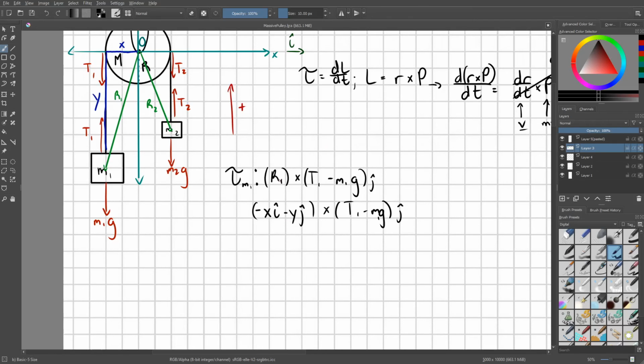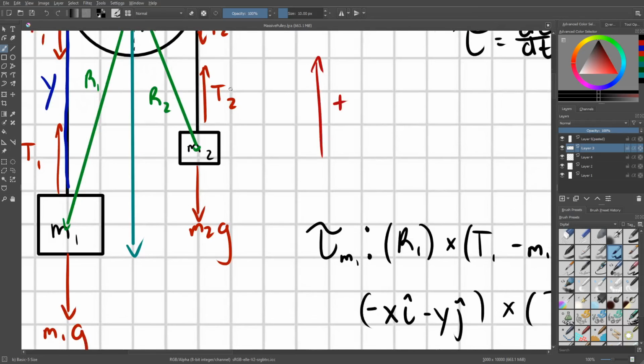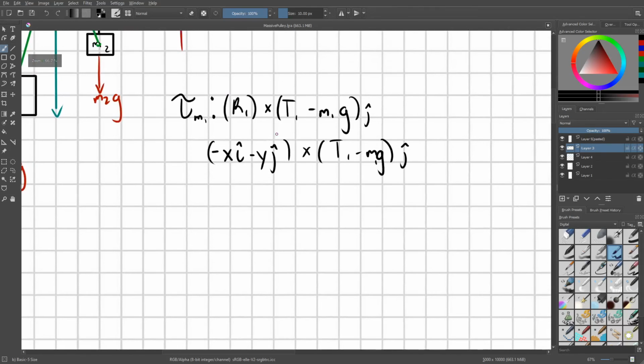Now then, let's go ahead and make a key realization that this x distance is just the radius of our pulley. So I'll go ahead and make that substitution. Negative r i-hat minus y j-hat cross T1 minus m1g j-hat.